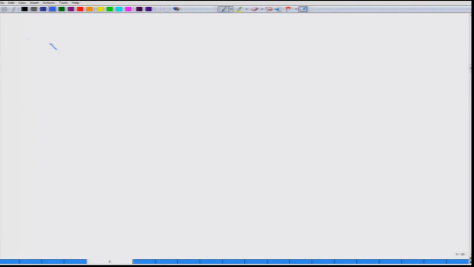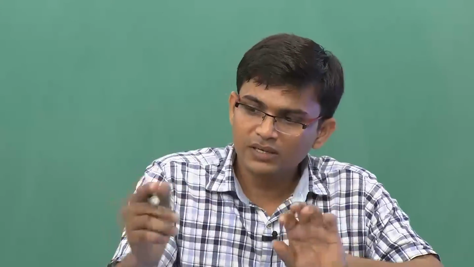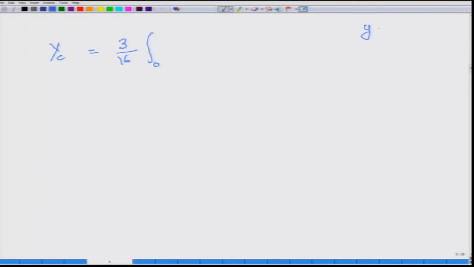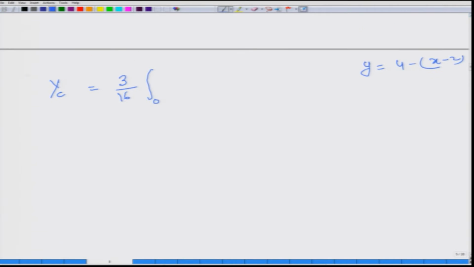So, what is yc? yc equal to 3/16 integration, 0 to. So, what we will do? We will integrate with respect to y, right. So, y is changing from 0 to what is the maximum point, because y is 4 minus (x minus 2) square. So, maximum value of y would be when x equal to 2, right.